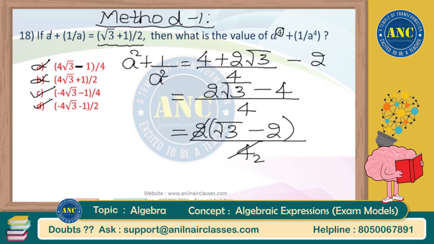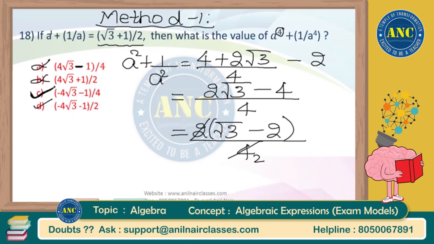Now, either option C should be correct, or option D should be correct. Either minus 4 root 3 minus 1 by 4 should be correct, or minus 4 root 3 minus 1 by 2 should be correct. Both are giving you negative values, but I will take a little risk here. I will take a little calculated risk here, and I will mark option C. How will you come to know that I should take a calculated risk and mark option C itself?